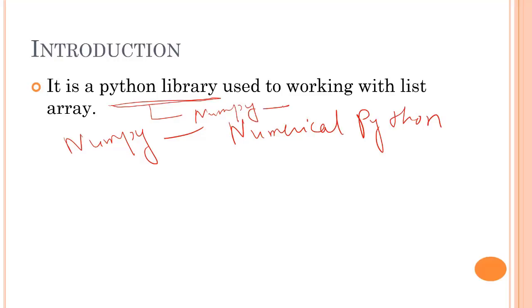With the help of this, we can access or work with the features of lists and arrays, which is not possible in plain Python. To use those particular things, we use NumPy. Now, where or how are we using this particular NumPy?